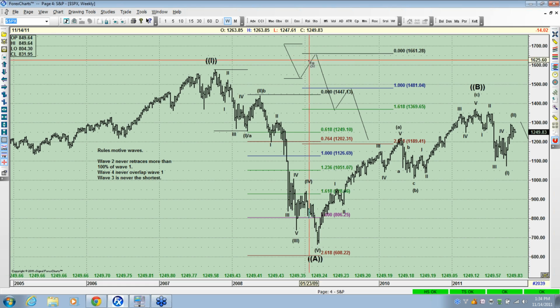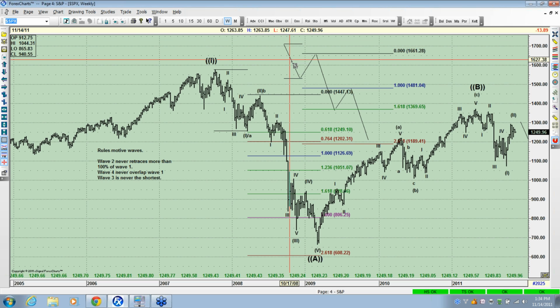That's how it works. It's a Fibo extension of wave 1 that is going to make the distance of wave 3. In this case, I did it right there, and it came out to be at the 1.618.